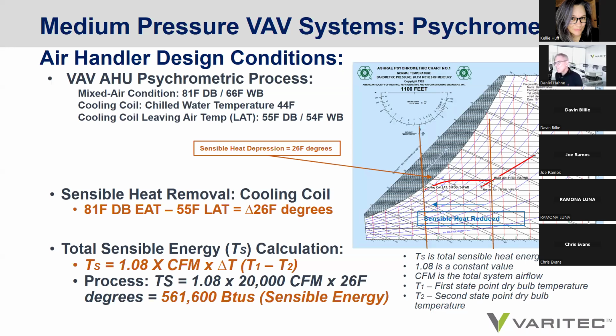And that's by applying the equation of total sensible heat load of 1.8, which is a constant, times the airflow, times the temperature differential from the mixed air condition to the leaving air condition. That equation results in a total of 561,600 BTUs of energy that needs to be removed in order to cool and dehumidify a sample of air.